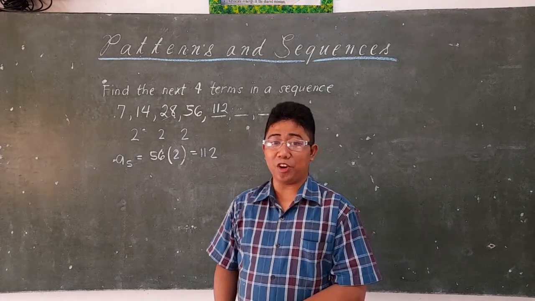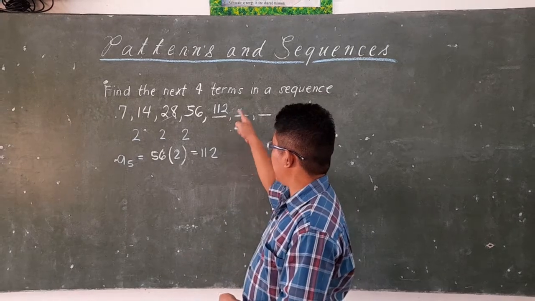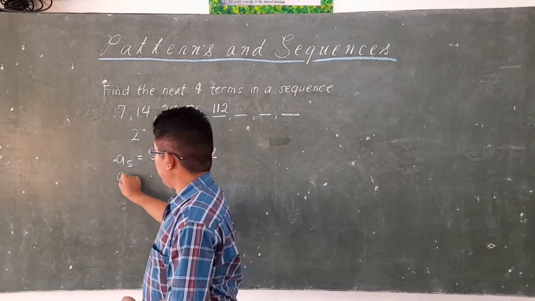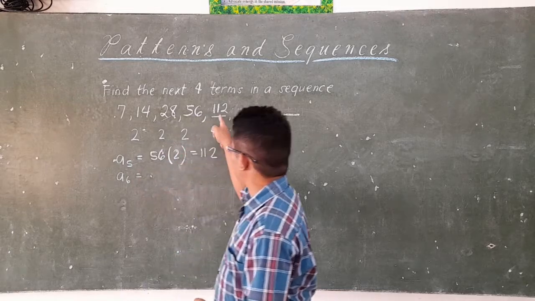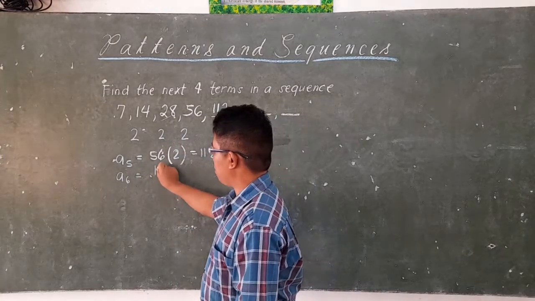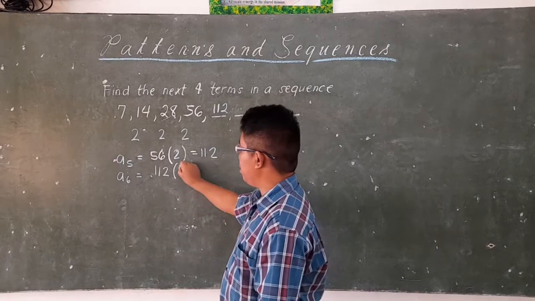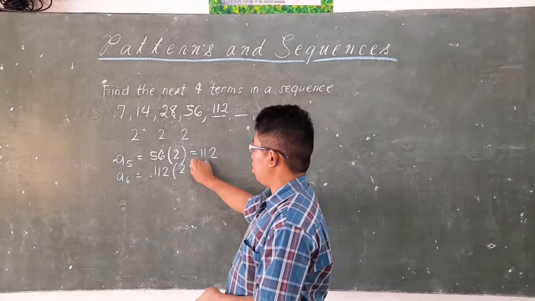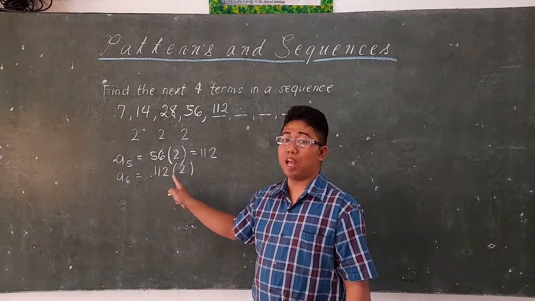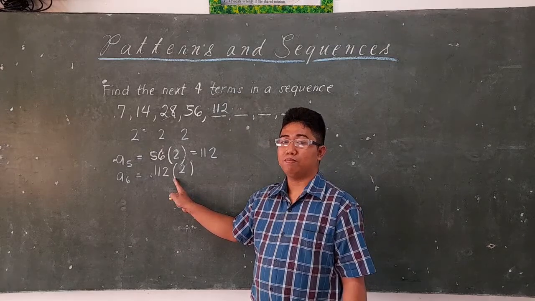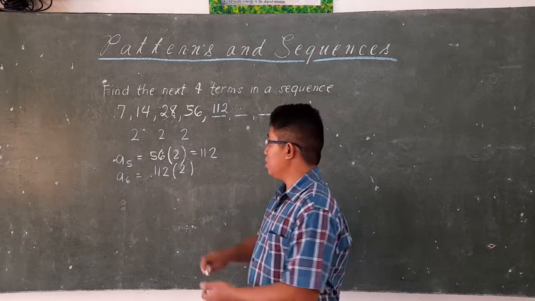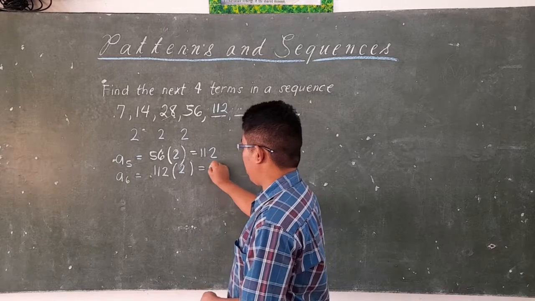How about the next term? So the next term would be a sub 6. A sub 6 is equal to the previous term, 112, multiplied by its common ratio, that is 2. So what is the product of these 2 numbers? Correct. So that is 224.